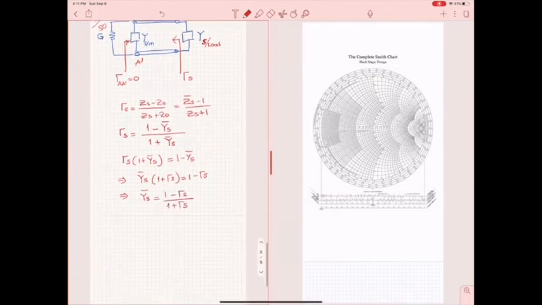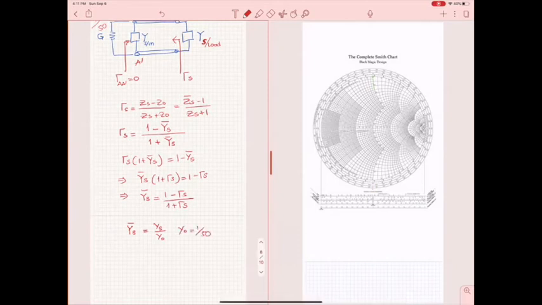All right? And then from there, ys normalized to 50 ohms, to 1/50 ohms. It's a 50 ohm impedance system, all right? So y naught is 1/50 ohms. So this is where y naught is 1/50.